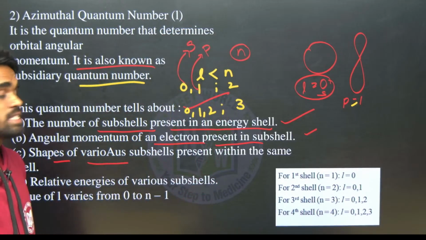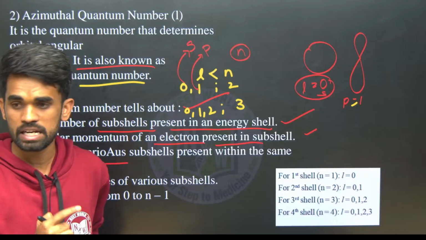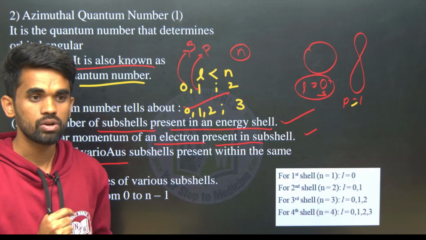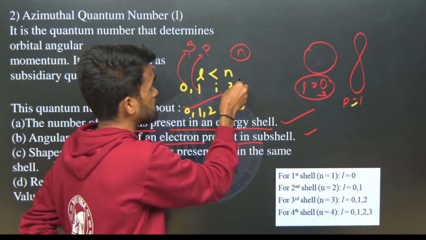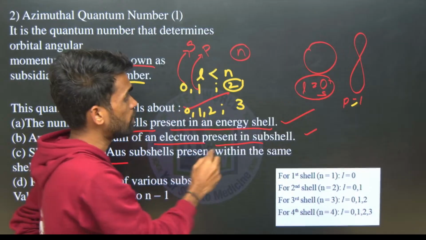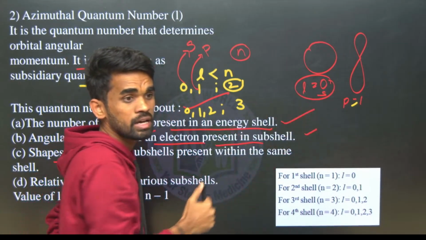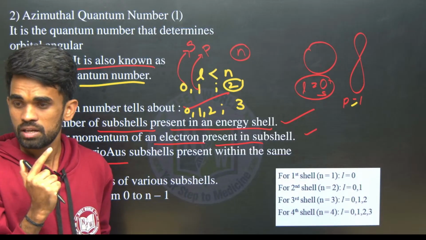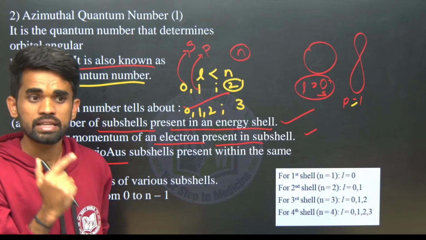So now in the second energy level, n equals 2, do we have d? No. Why? Because the L value cannot be equal to or greater than 2. It's always less than that n value.